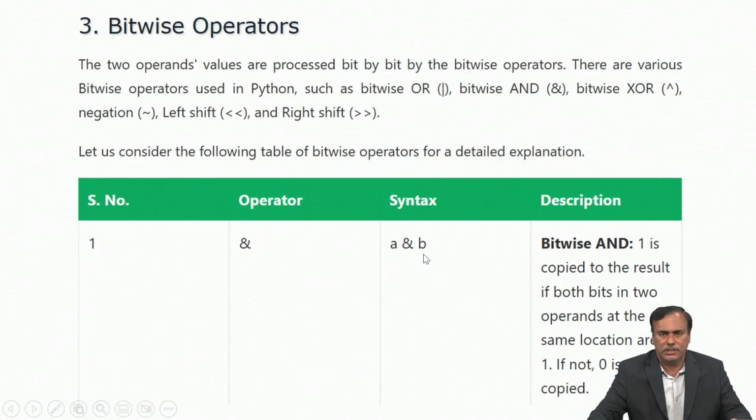You have to use a single one. Here A and B are operands, and this single ampersand symbol denotes that it is a bitwise operator. You know how this bitwise AND works. When both are 1, the result will be 1. In the remaining cases, it is 0. So that is a bitwise AND.